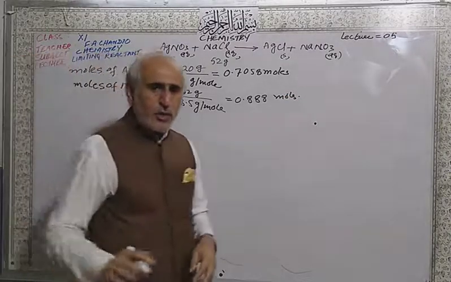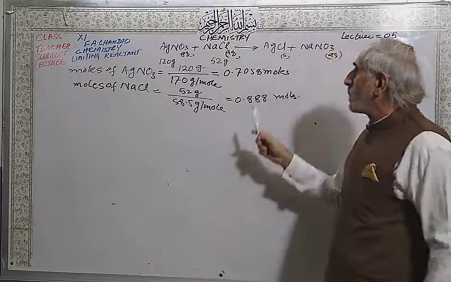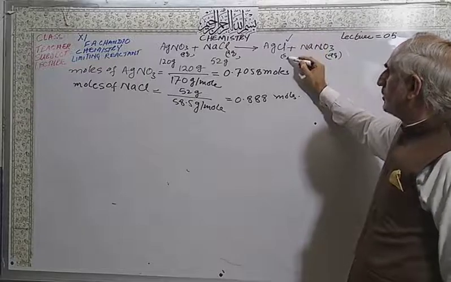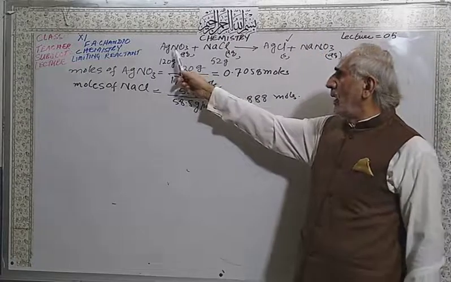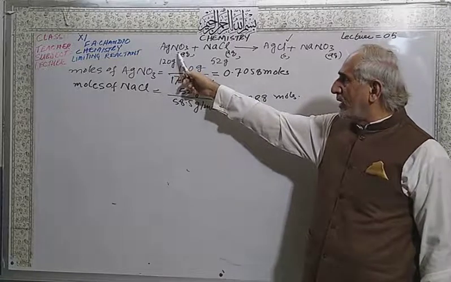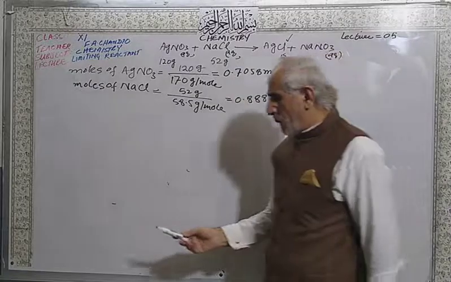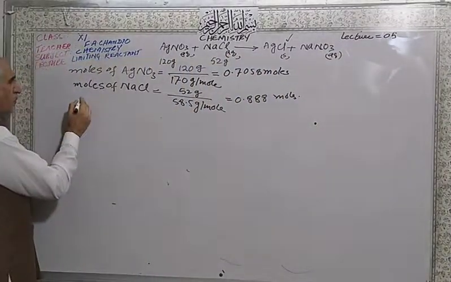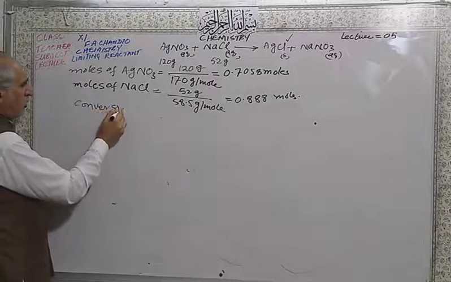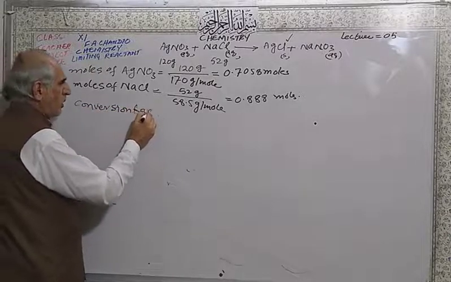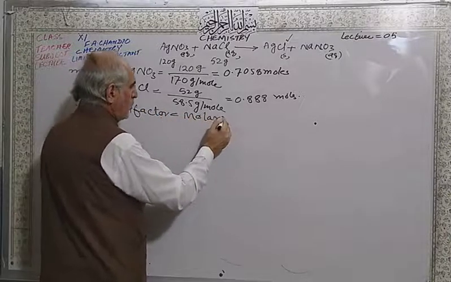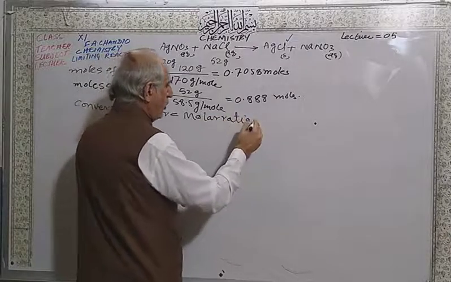So the same procedure I told you yesterday. We want to calculate the mass of silver chloride, because it's solid. From the stoichiometric equation, the balanced chemical equation, by using the conversion factor method, calculate the moles of silver chloride. Same procedure. Conversion factor is equal to the molar ratio.